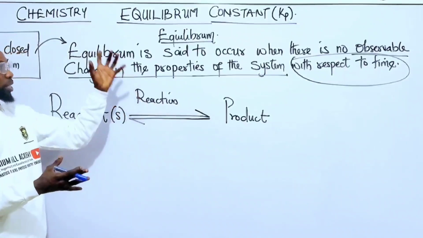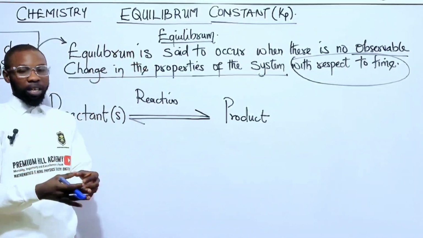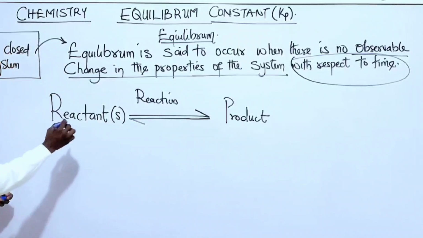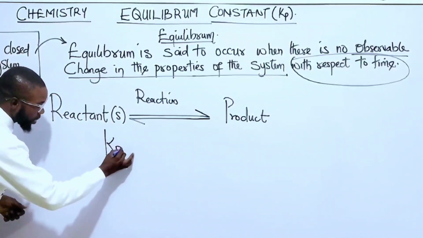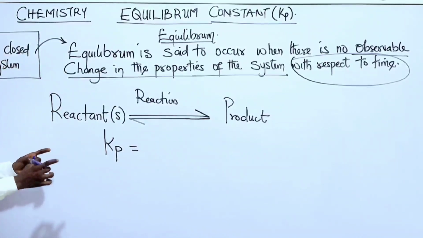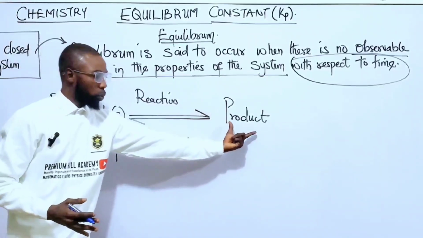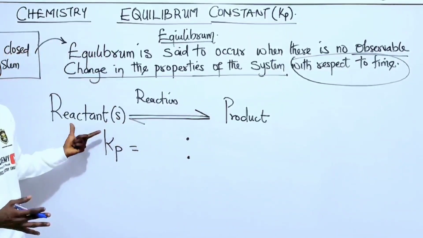But in this case, we are looking at the equilibrium constant, the mathematical representation of equilibrium. The equilibrium constant, which is denoted by Kp, is simply the ratio of the concentration of the product to that of the reactant. Simple.